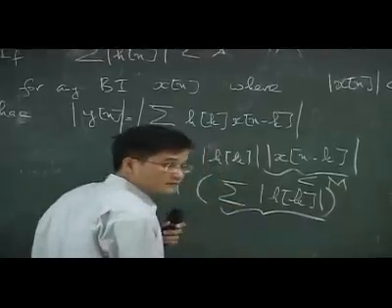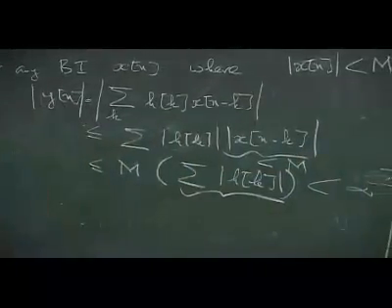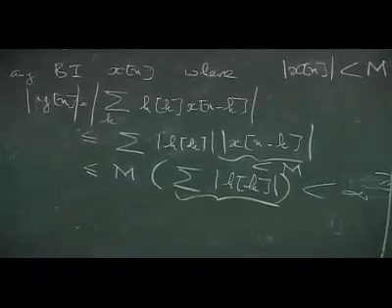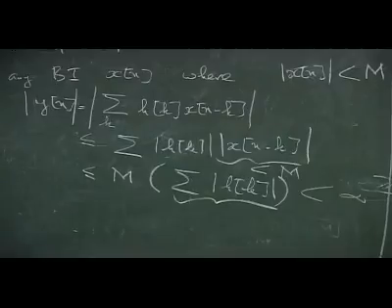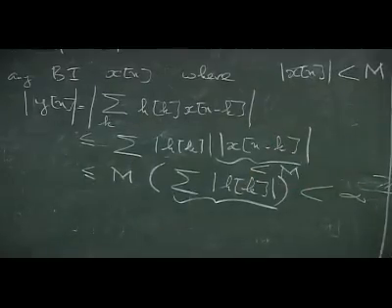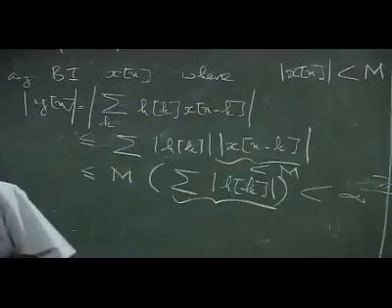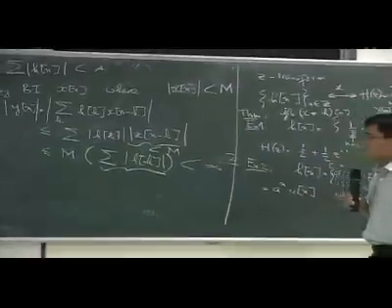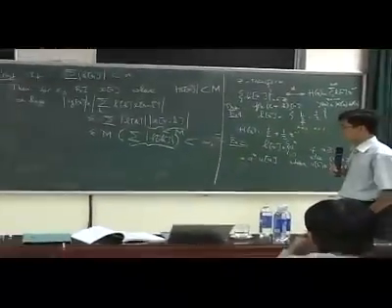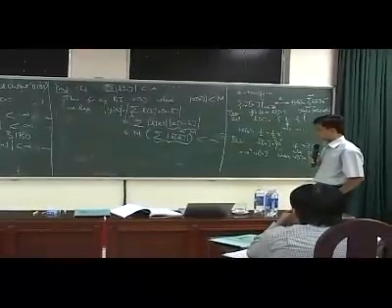And this is finite, so this is also less than some finite number. Is that clear, everyone? So if the summation is finite, then I'm guaranteed that the system is stable.